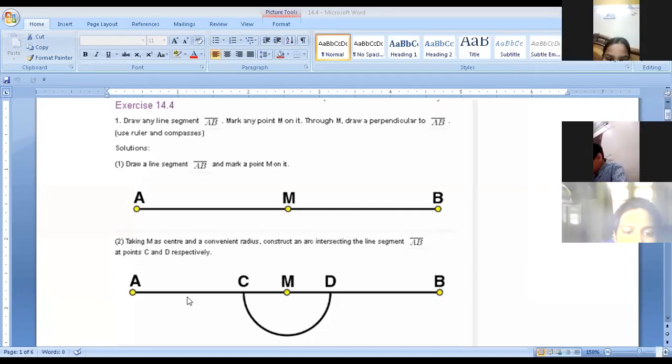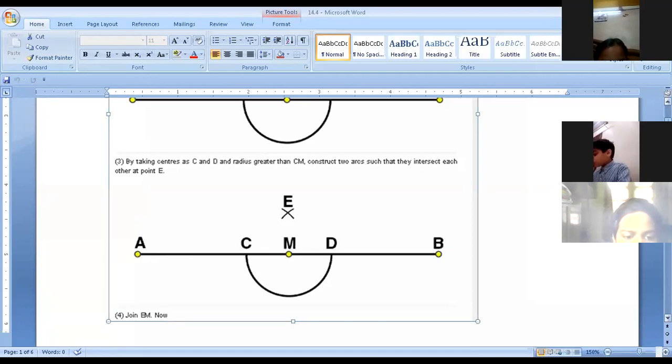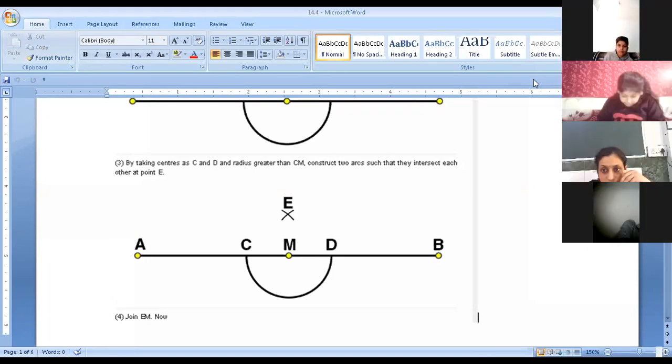Draw a semicircle and mark it as CD. Now, open your compass greater than CM.